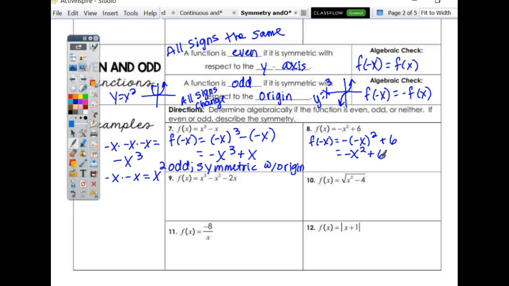Just like we did over here. This time, did the signs change from the original? No. They're all the same. In the original it's negative, here it's negative. In the original it's positive, here it's positive. They're all the same. If they're all the same, that's even, and that's symmetric with the y.